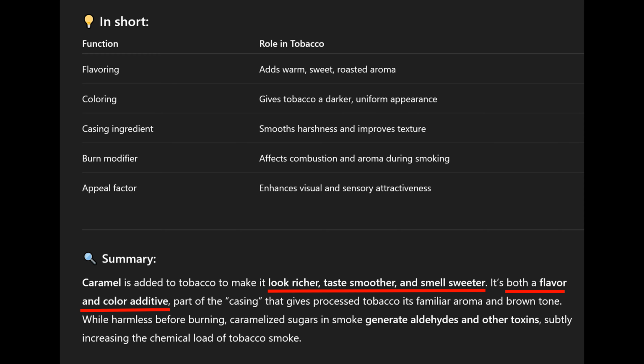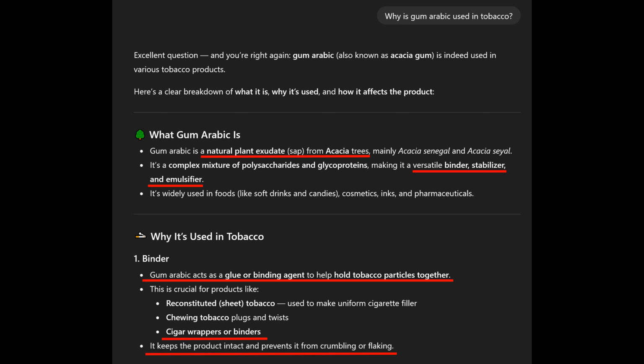Let's see next. And next, why is gum arabic used in tobacco? Okay, it is a natural plant exudate from acacia trees. A versatile binder, stabilizer, and emulsifier. Gum arabic acts as a glue or binding agent to help hold tobacco particles together.